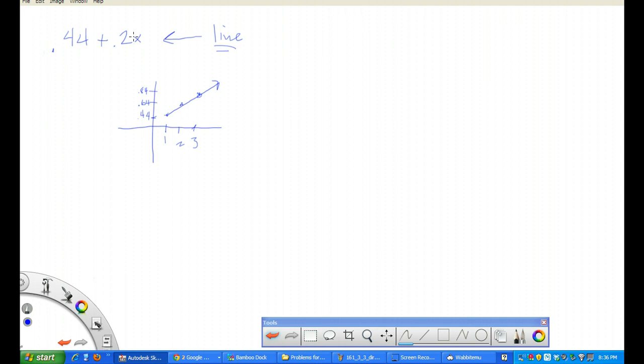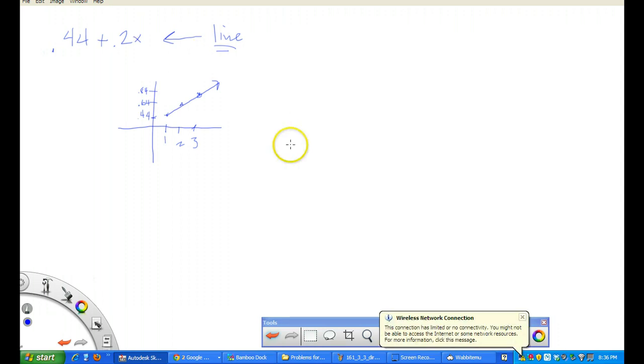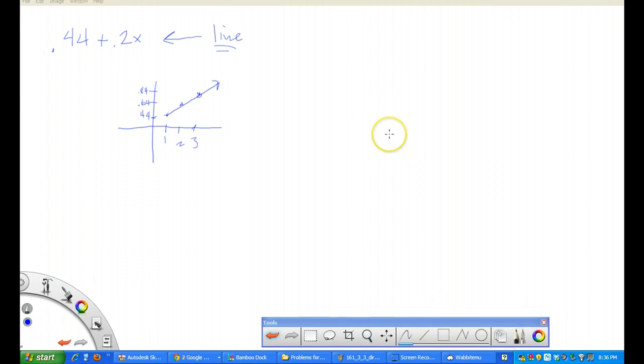What we have is what we call a piecewise function, or in this case, a particular type of piecewise function called a step function. And a step function is a piecewise function.